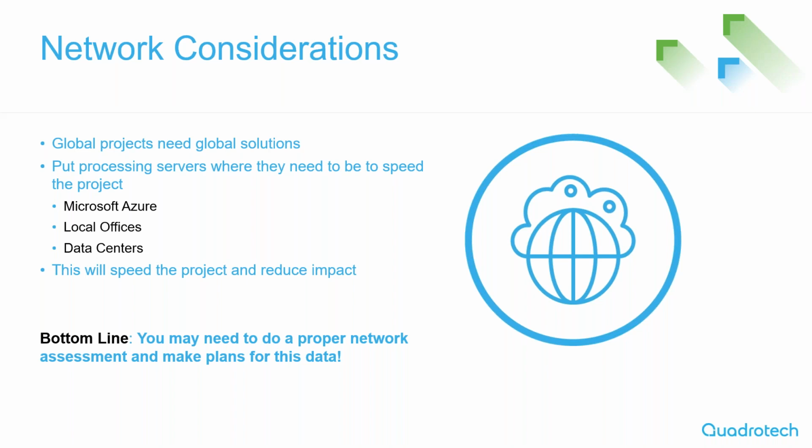If you're using a third-party tool, you can put these processing servers close to the users, and you can use different options to do that, whether it's Azure, a local office, a data center, or even drive shipping, as was talked about in another solution. This will allow the project to move as fast as possible, because one of the largest challenges is getting PST files off of the workstations and to this processing point for remediation.